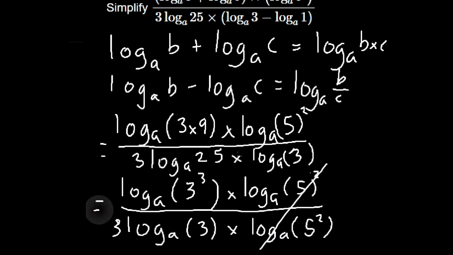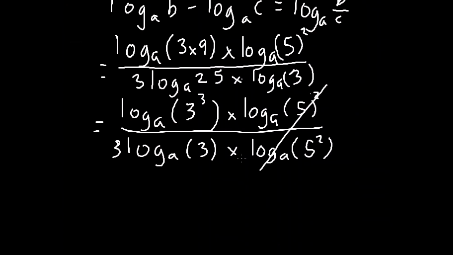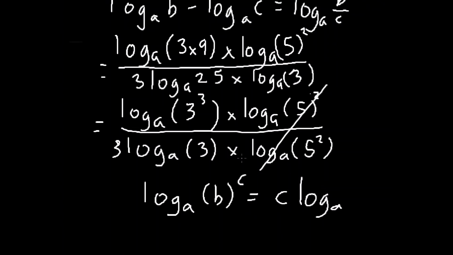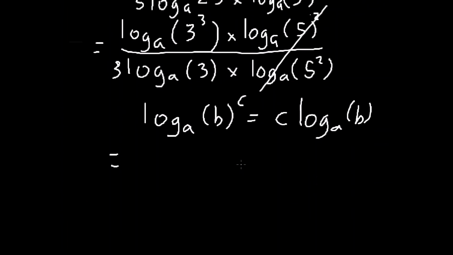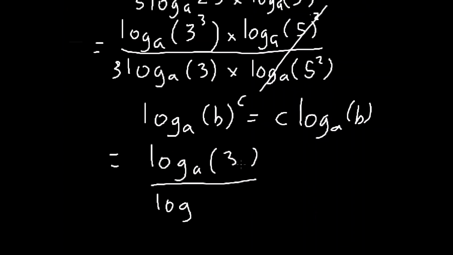Now there's one more rule that we've got to go through, and that is that if you have a power, you can write it out the front. So that can be moved out the front. We can see that happening with that 3 and that 3 there. But what we can say here is that log a of 3 and log a of 3.